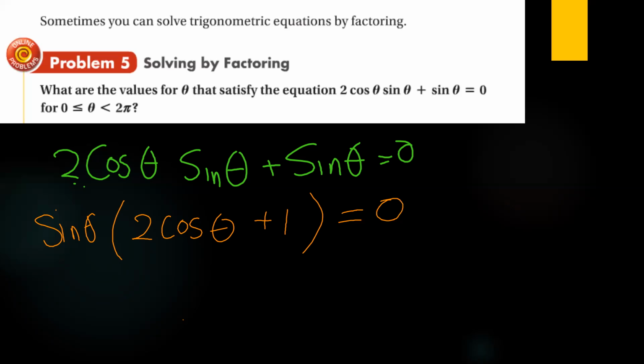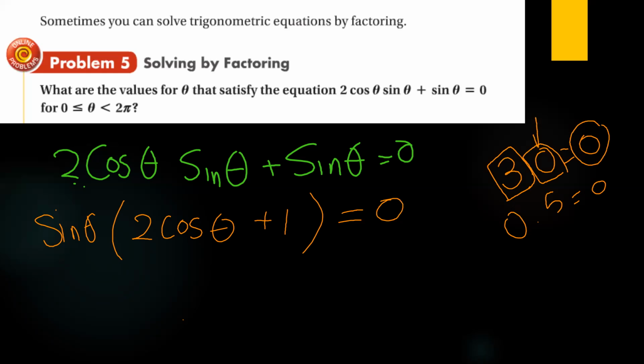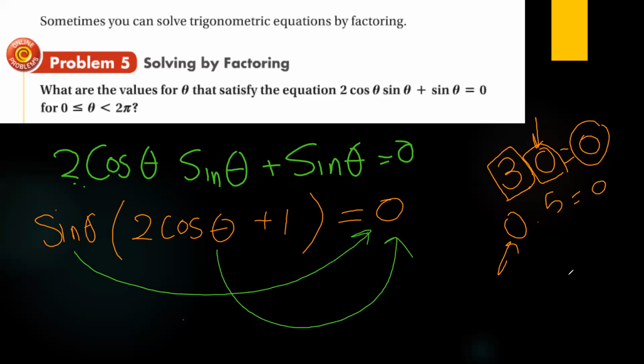Now, we know that 3 times 0 is 0, and 0 times 5 is 0. So if I have two numbers that are multiplied and the product is 0, one of them could be 0, the first number or the second number. In equations, we have the same. If we have two expressions that are multiplied and the answer is 0, that means one of them must be 0.